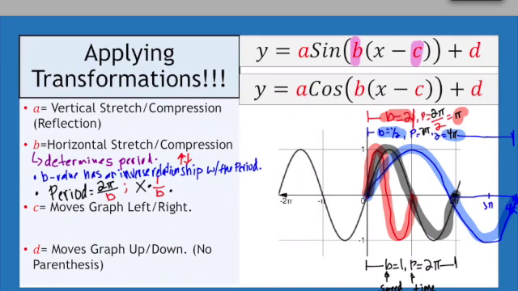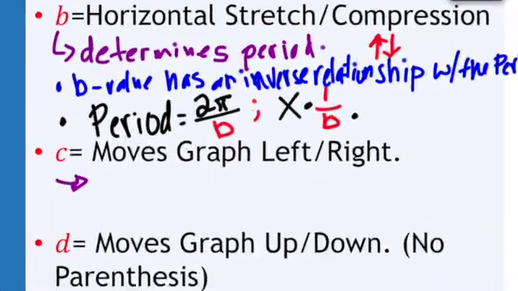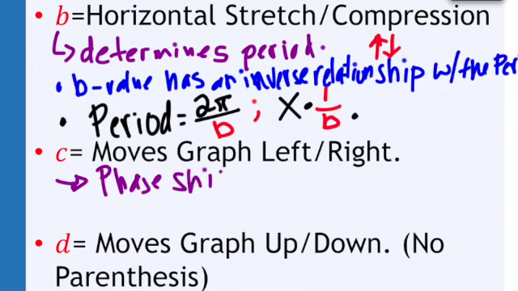Okay, now let's look at the c value. So we did the b value. Now the c value is just going to move your graph left or right. There's not a lot I need to show you here because it's pretty straightforward. We've been doing this throughout the year, but the one thing you need to know is that this is known as the phase shift.